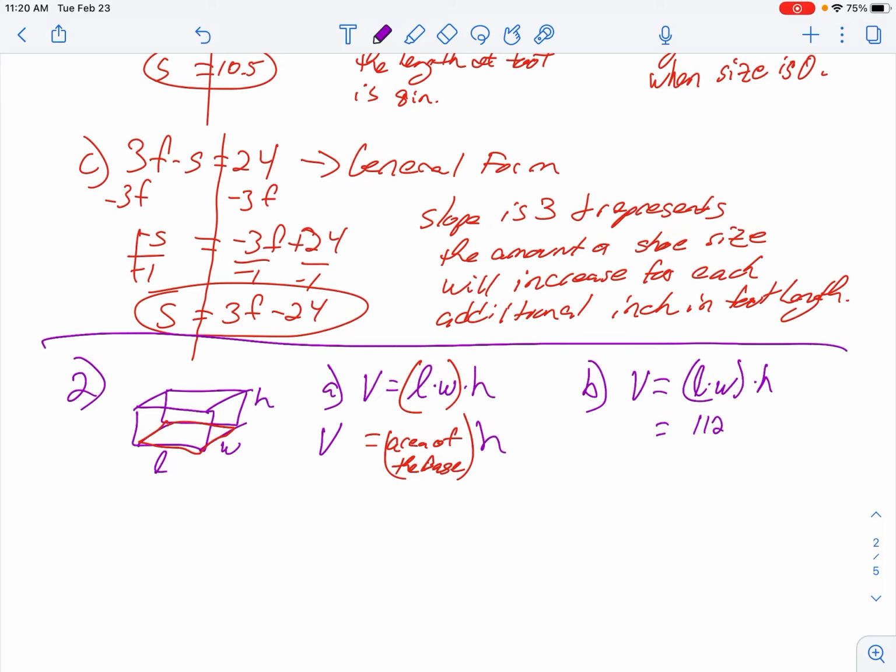So 112 times the height of the prism, which is 3.5. So then go to your calculator and calculate 112 times 3.5. The volume of this prism is 392. Volume is cubic units. Area is squared and distance is 1 unit. So this is what we call cubic units, in this case, cubic inches.